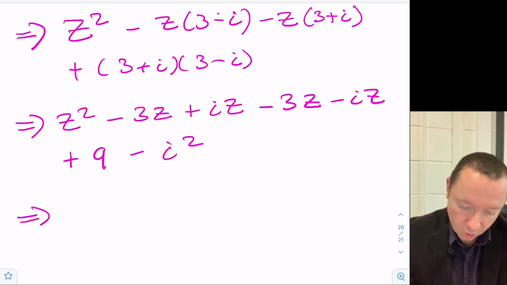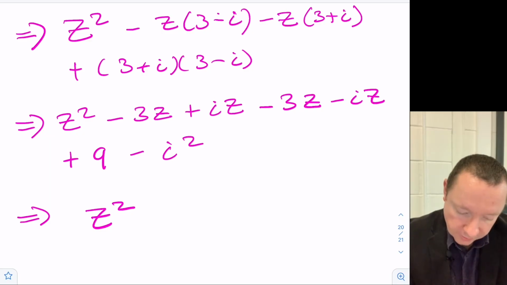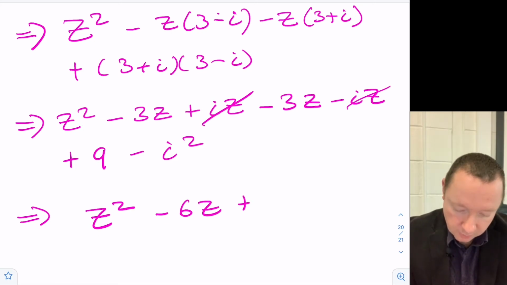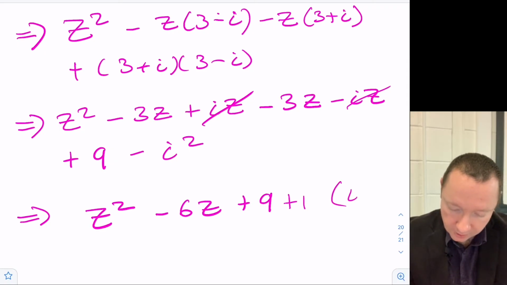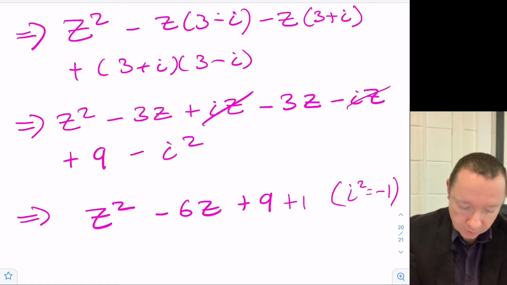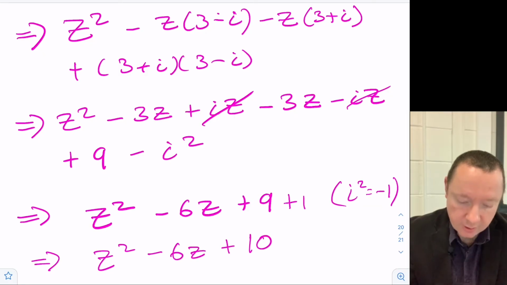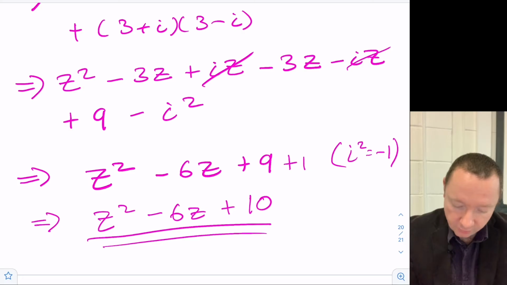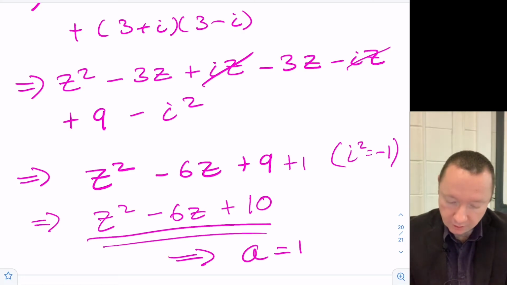So that implies we've got z squared minus 6z, these cancel each other, plus 9, and then i squared is minus 1, so plus 1, because remember, i squared equals minus 1. So that implies we've got z squared minus 6z plus 10. And our original, remember, was z squared minus 6z add a, and therefore a equals just the number 10.